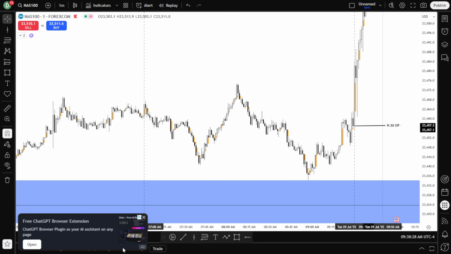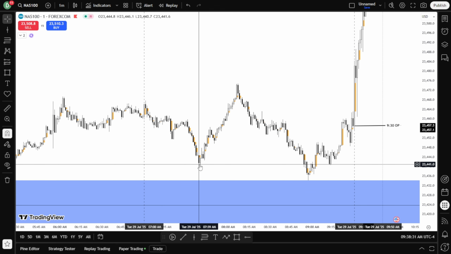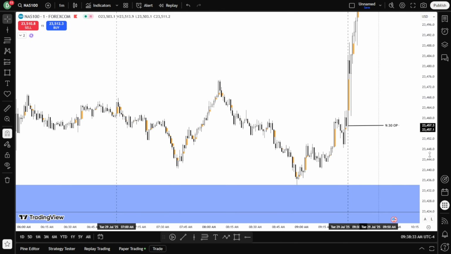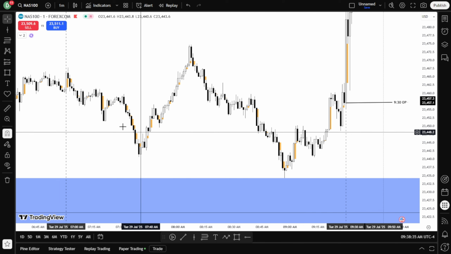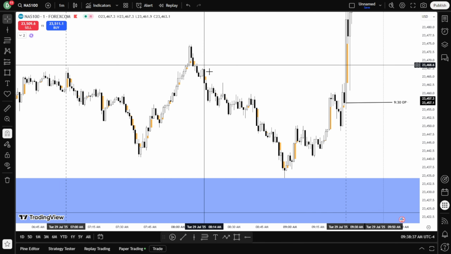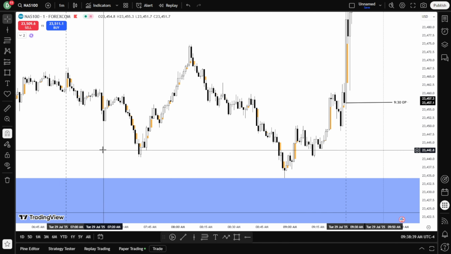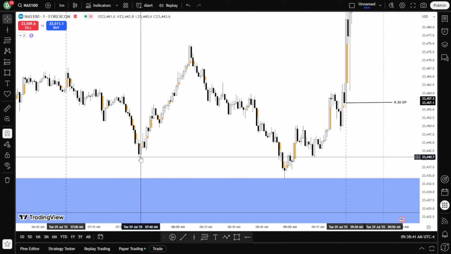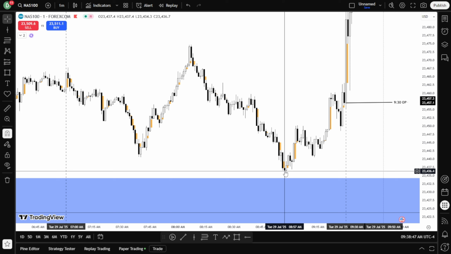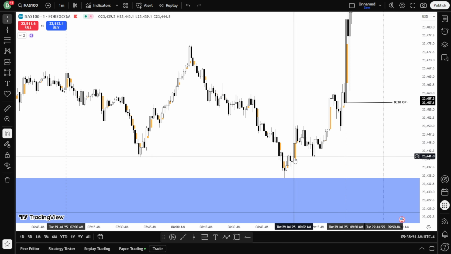If you look here, right there, what happened? Market was going down. It took this sell side. This was the initial sell side for the pre-market. It took it right there and it reversed.